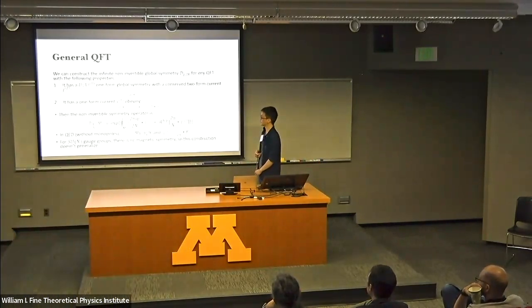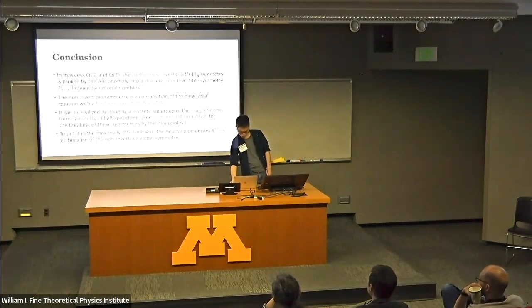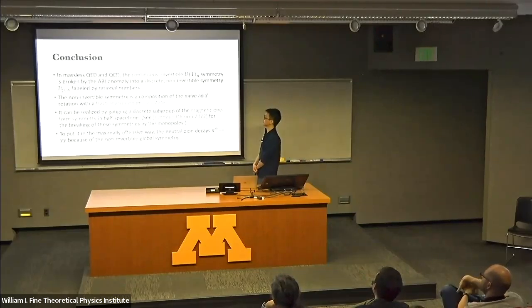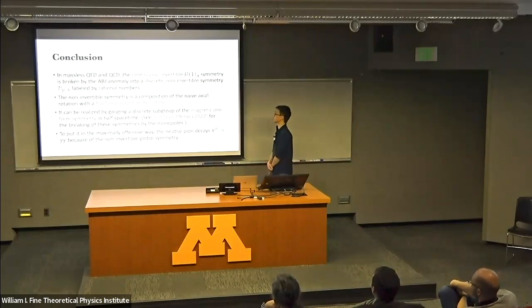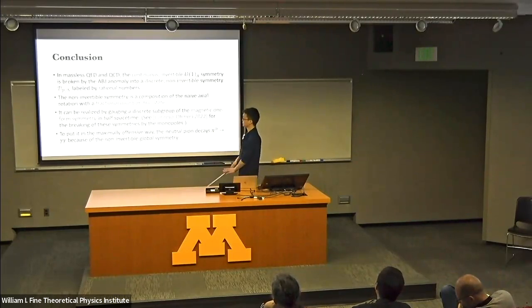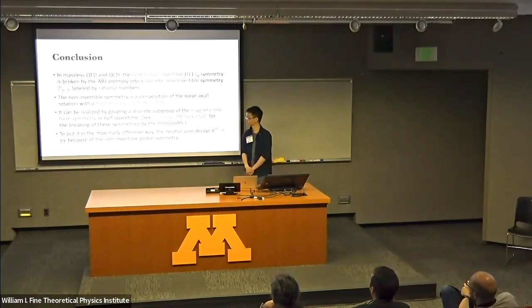All right, okay, I can skip this slide. This is about general construction. Let me jump to the conclusion. So what we concluded is that in massless QED and QCD for the real world, the continuous invertible U(1) axial symmetry is broken by the ABJ anomaly to a discrete non-invertible symmetry labeled by the rational numbers. The non-invertible symmetry operator is a composition of the naive axial rotation with a fractional quantum Hall state.